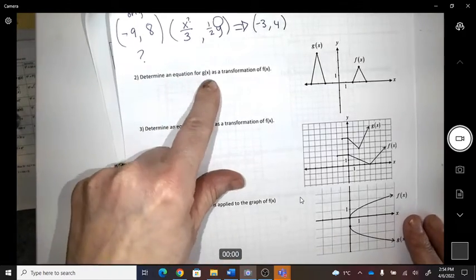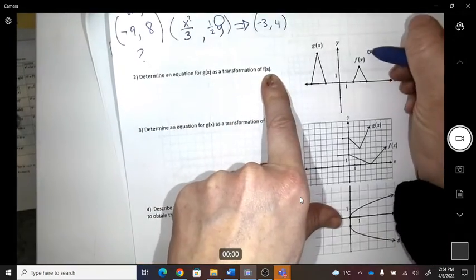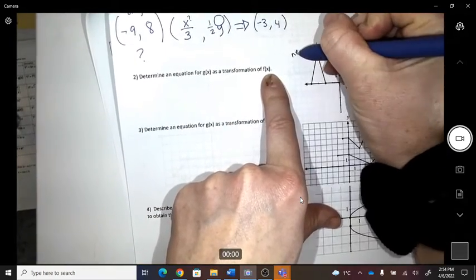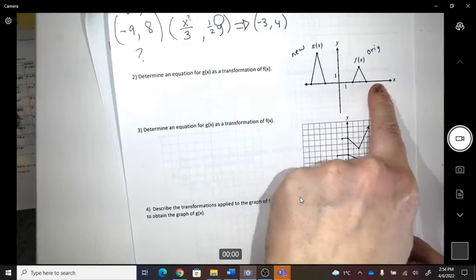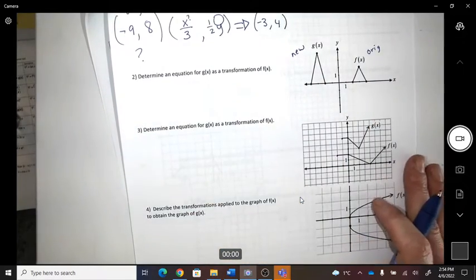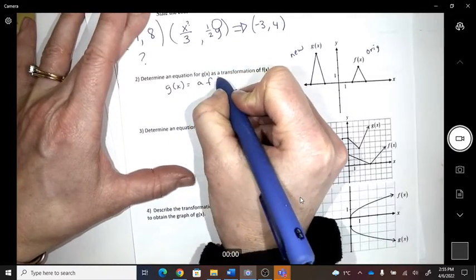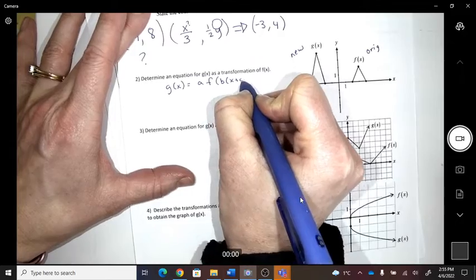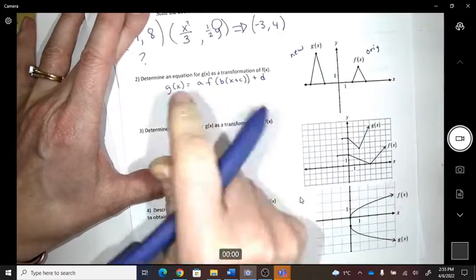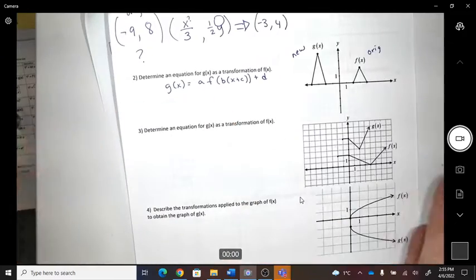Okay, determine an equation for g of x if it's a transformation of f of x. So that just means this was the original and it turned into that. So when we write it, this is the format we're going to write it in, right? The g of x was us doing stuff to the f function.